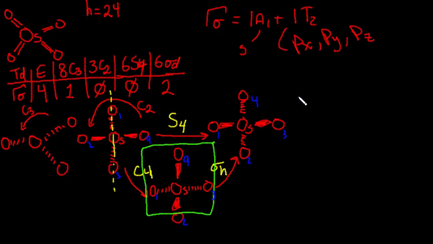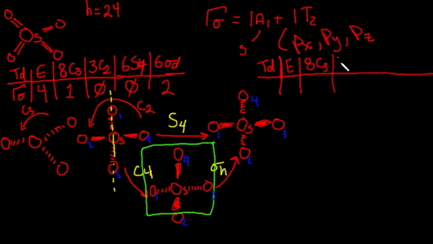Next, we'll be looking at the pi representation. So in this case, we would create the same kind of table. So tetrahedral character table, and we have E, 8 C3, 3 C2s, and then we have the S4 and the sigma d. And now we are looking at the pi orbitals in this complex.